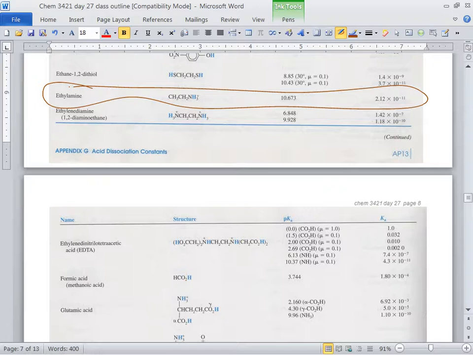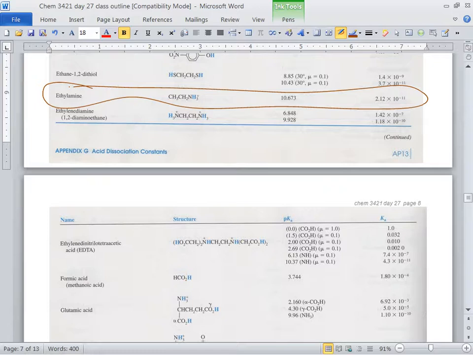It should react with NaOH. Everybody agree? Ethylamine is a conjugate acid or a conjugate base? It's a conjugate base, right?